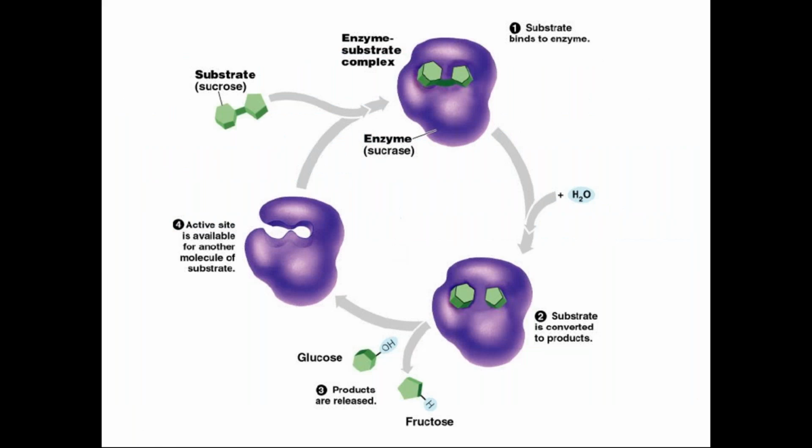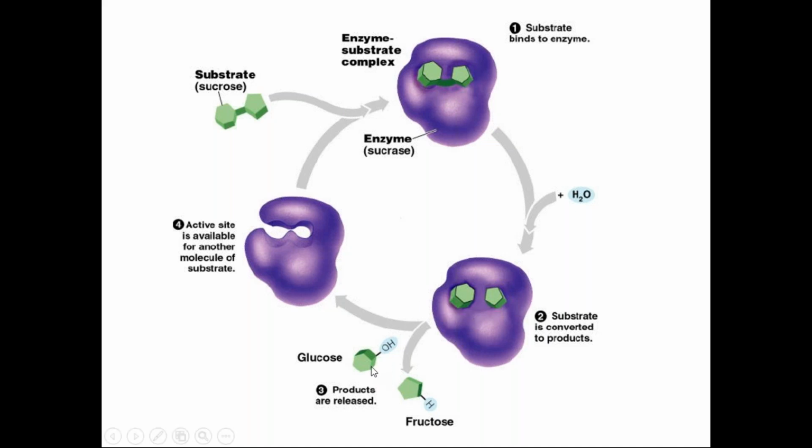Basically, if you look at an enzyme substrate reaction, you have a substrate, it reacts with the enzyme, and there is an induced fit change in the structure. This glycosidic bond is broken in the presence of water, so you have the two products, glucose and fructose.